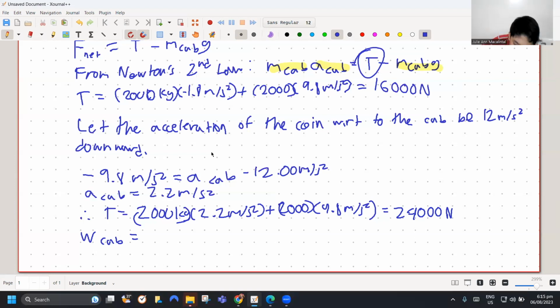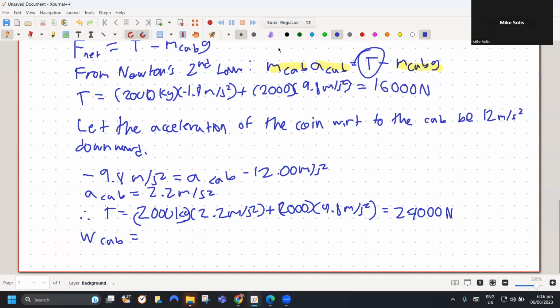Yung gravity po. Gravity ng Earth, ng whole Earth. So the weight of the cab is the gravitational force exerted by the whole Earth acting on the cab.